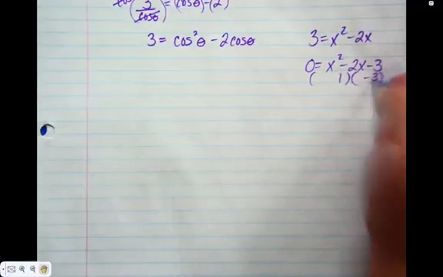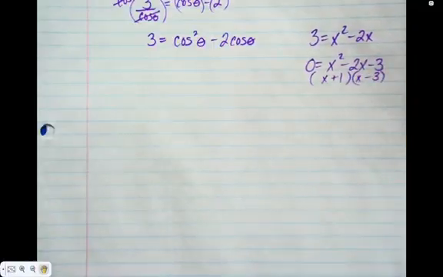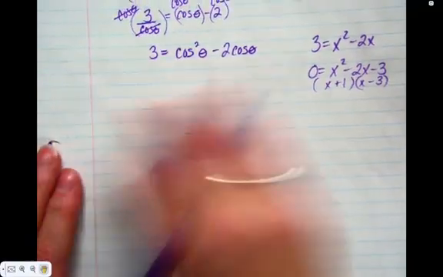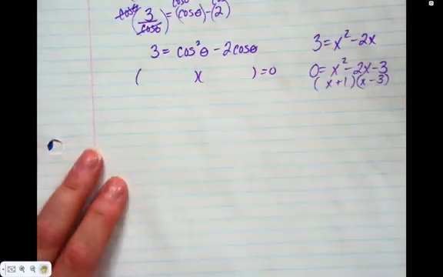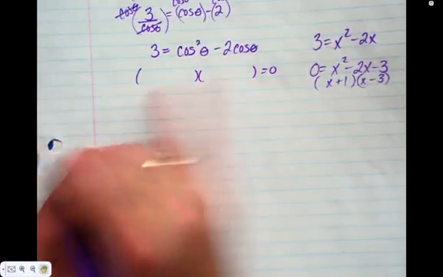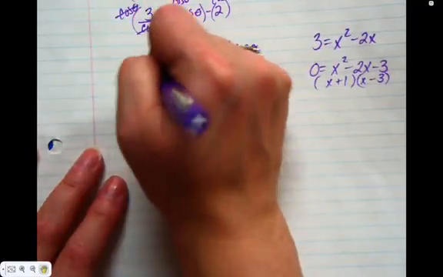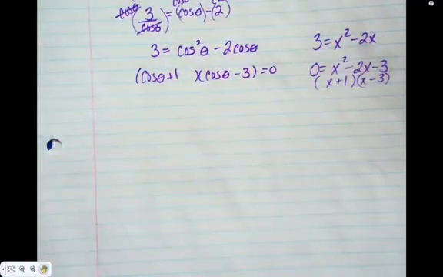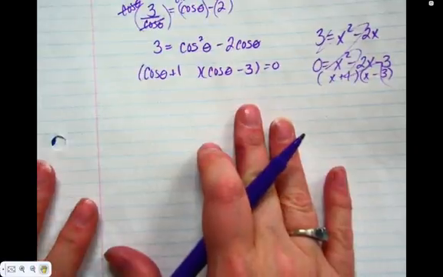A 1 and negative 3. Okay, so bring it now over here, and let's use the same argument. Okay, and then this is scrap paper, so I throw that away. Now what?